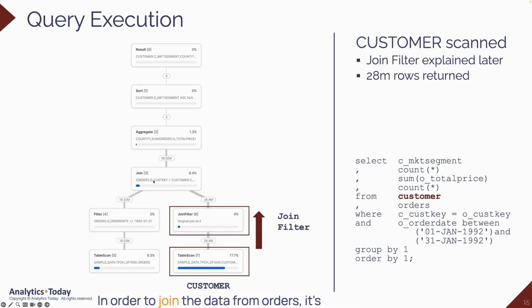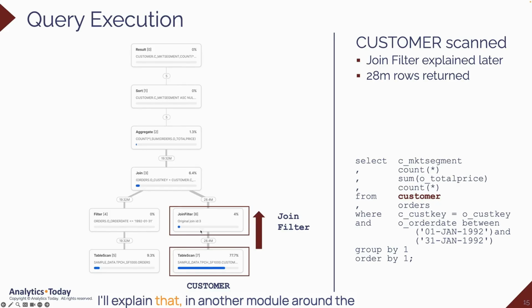In order to join the data from orders, it's then got to have some customer data. So the customer data is being fetched. As I say, these are both fetched in parallel, and it then executes what we call a join filter.